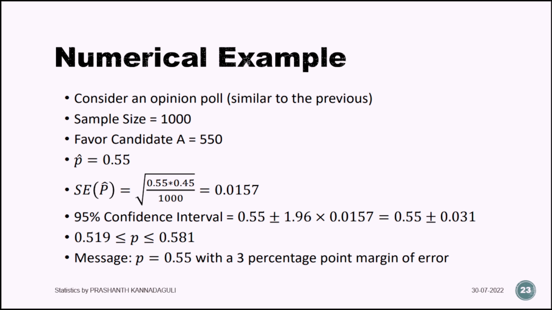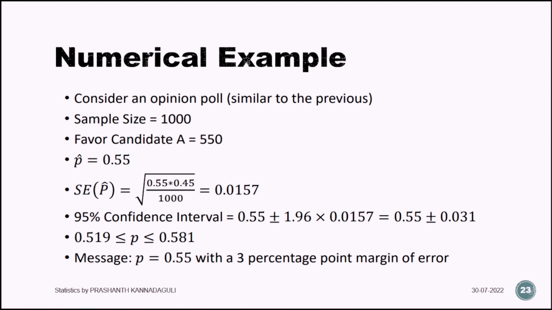So this is how the guess is made. When you see the exit polls, people say that a particular party might get, say, 250 to 320. The 250 relates to this minimum number 0.51, and the highest number comes from the upper boundary we have. So the message is that P equal to 0.55 with a 3 percentage point margin of error.